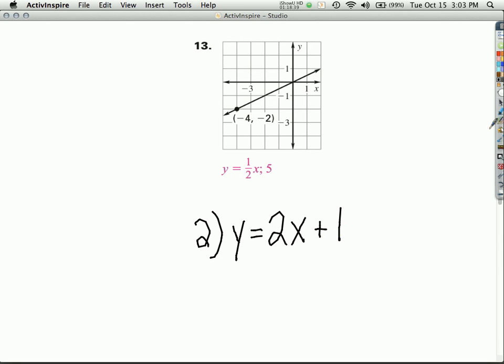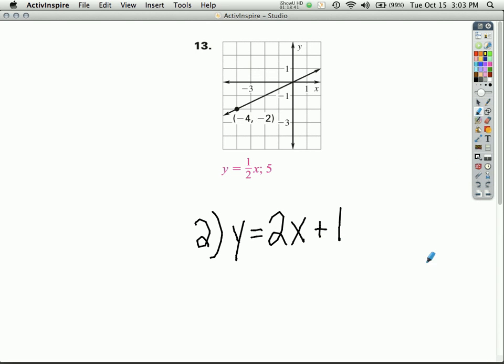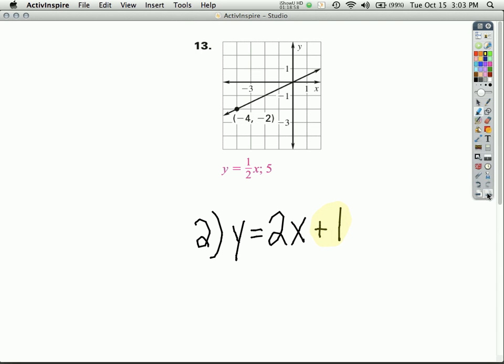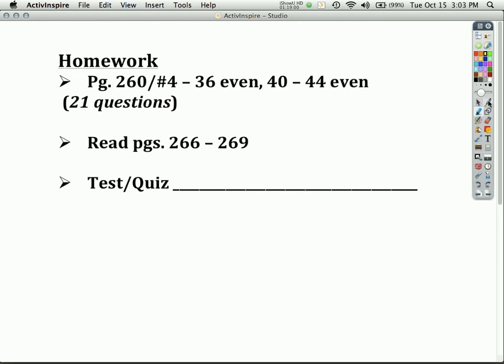Can someone explain in simple terms why it is not a direct variation? Why is it not? Zumara? Because it has a y-intercept other than 0. That's it. Direct variations will have a 0 or nothing there. Good. Draw a line across your paper.